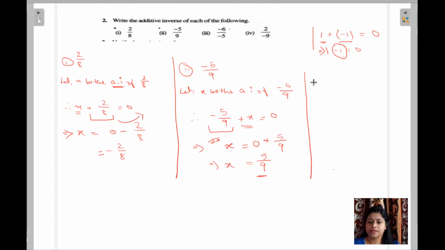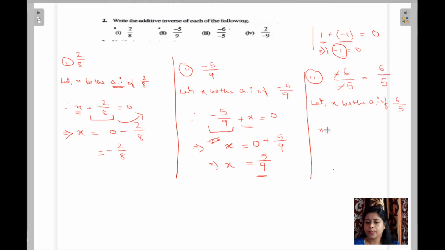Next is number 3. Minus 6 by minus 5. Okay, minus 6 by minus 5. We can cancel out this minus and minus. So it will become 6 by 5. Okay. So let x be the additive inverse of 6 by 5.